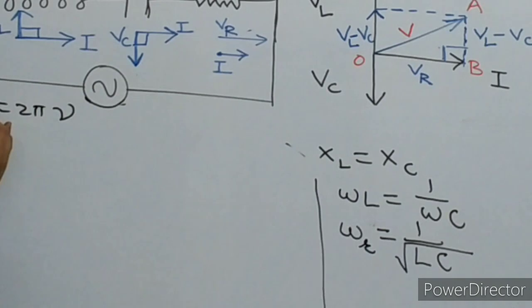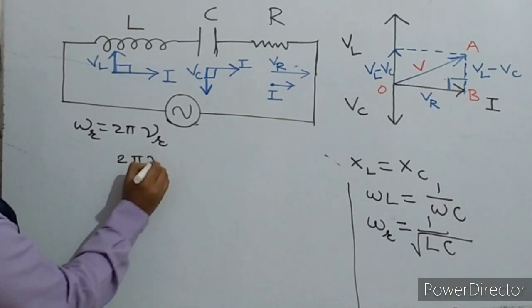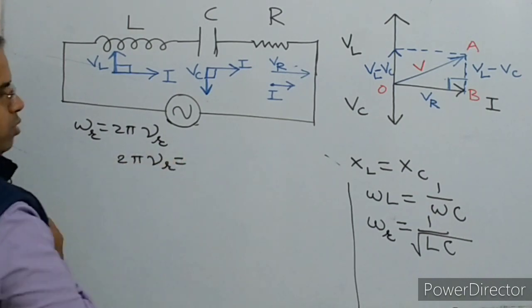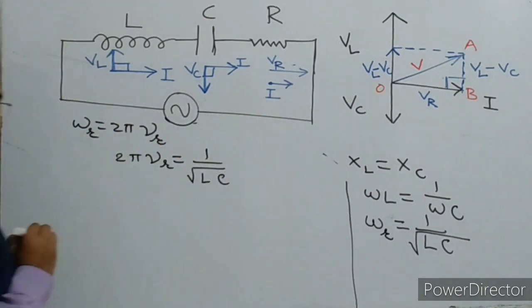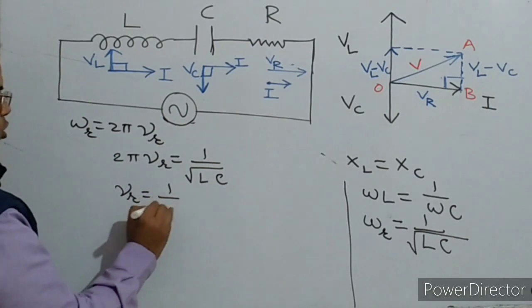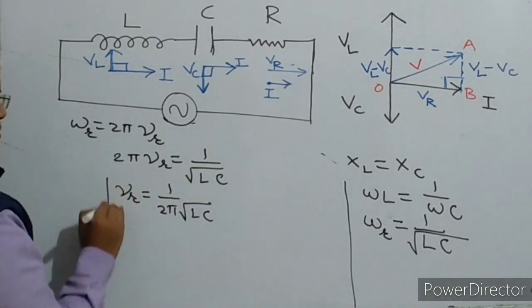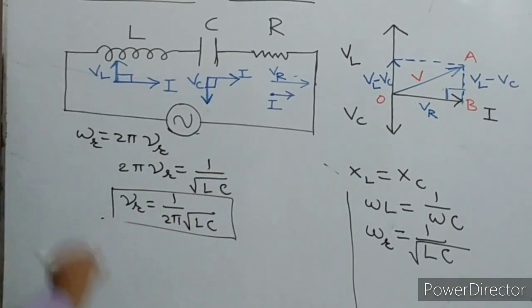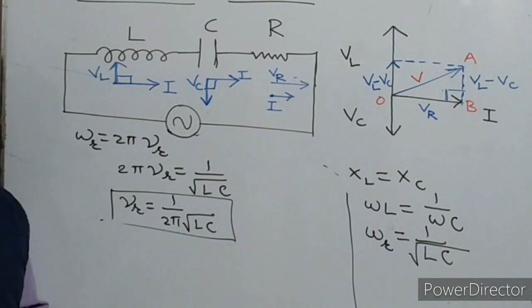So omega R is 2 pi nu R, and now we can write 2 pi nu R is equal to 1 upon root LC, or nu R is equal to 1 upon 2 pi root LC. So this is the expression for resonance frequency.